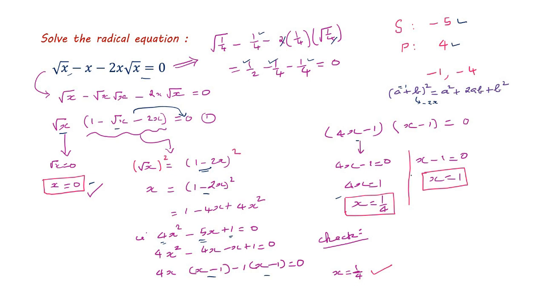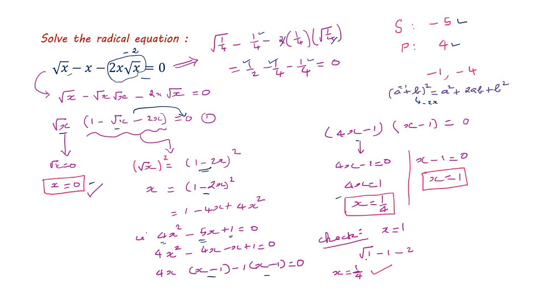Now one solution is to be checked yet, which is x is equal to 1. Substitute x as 1 in this equation and see what happens. That is root 1 minus 1 minus 2 times 1 times root 1. This will be minus 2.